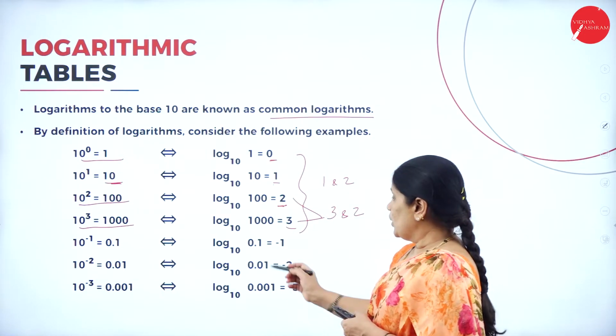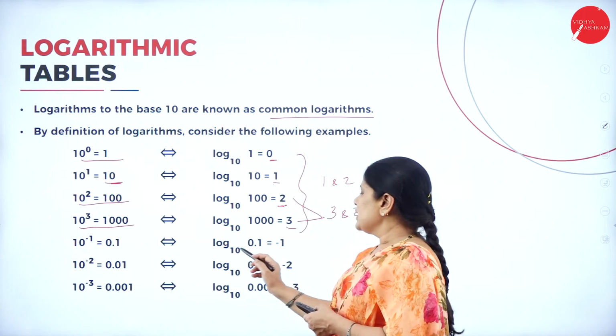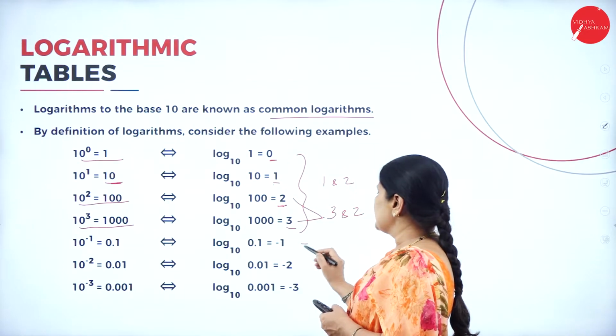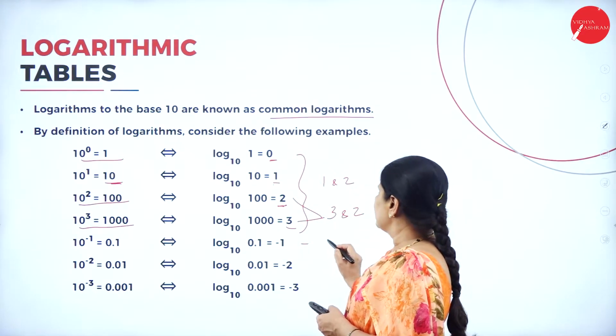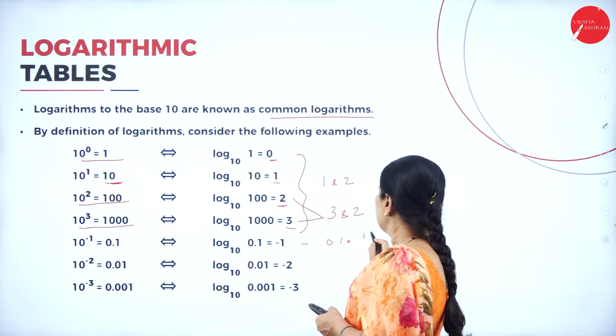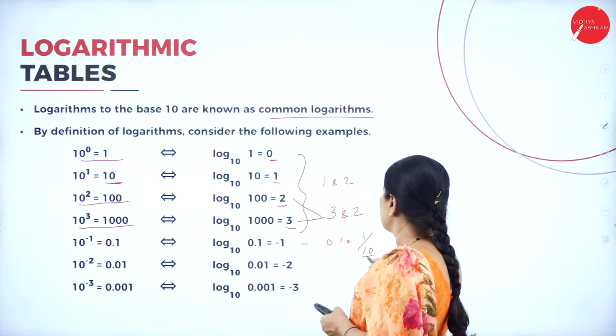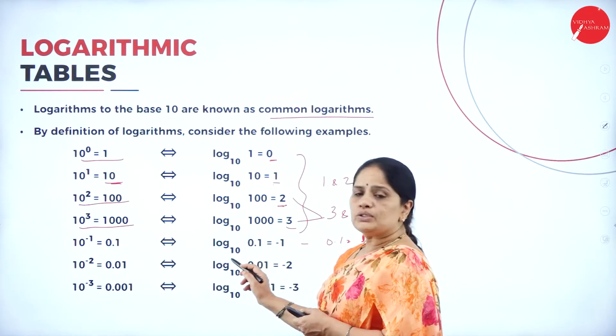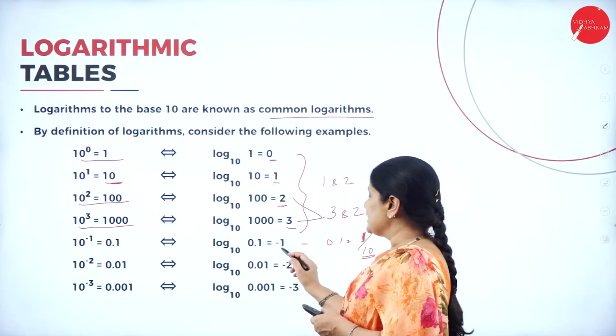Okay, now log of 0.1 to the base 10. What is log of 0.1 to the base 10? So in other words, I can write 0.1 as 1 by 10. So this is 1 by 10. Log of 0.1 to the base 10 equals minus 1.